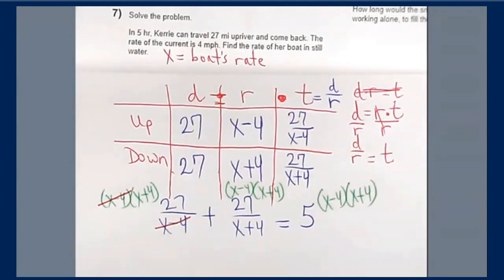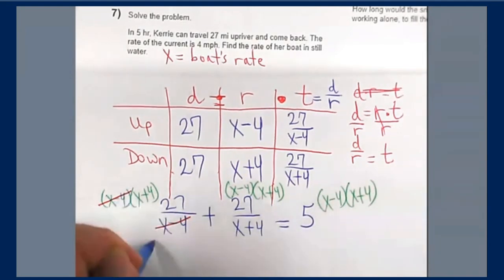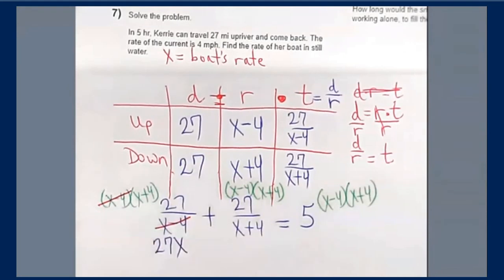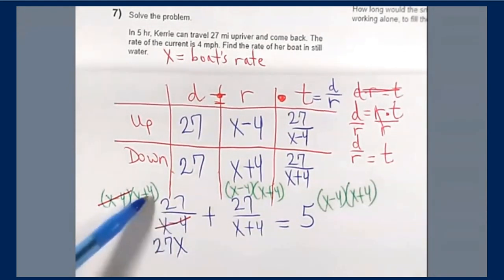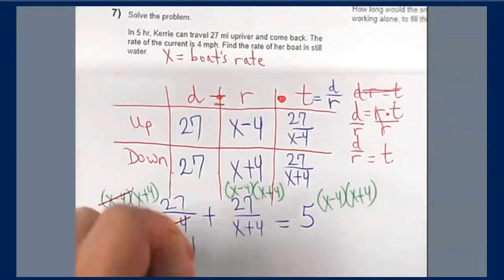And tell you what, we can go ahead and distribute that 27. So 27 times x is 27x, and 27 times 4 is a positive 108.